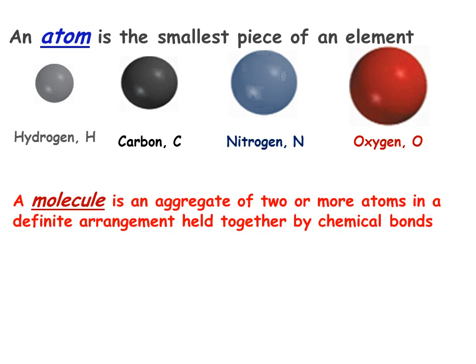Okay children, once again, a molecule is an aggregate of two or more atoms in a definite arrangement held together by chemical bonds. So that means it's a combination of two or more atoms. So that's what you call a molecule, right? What are the molecules you already know? Children, name some molecules.